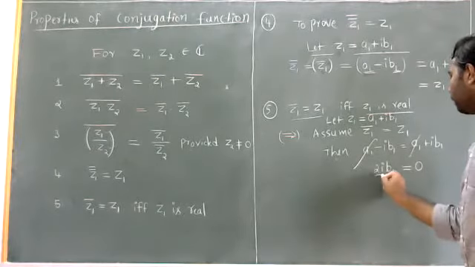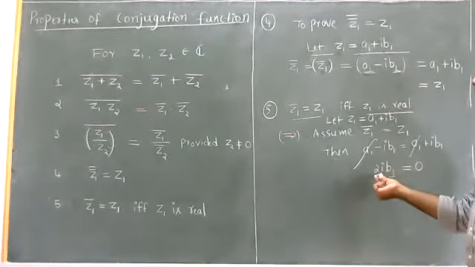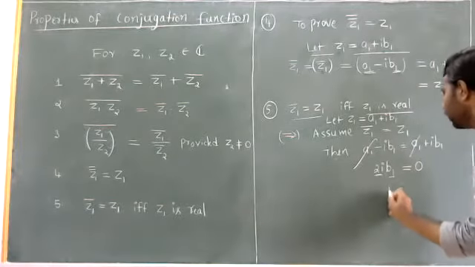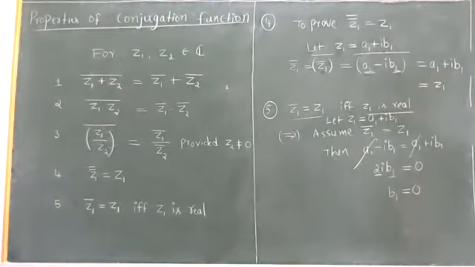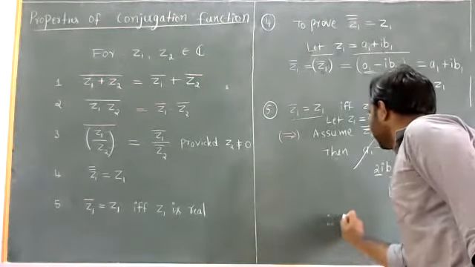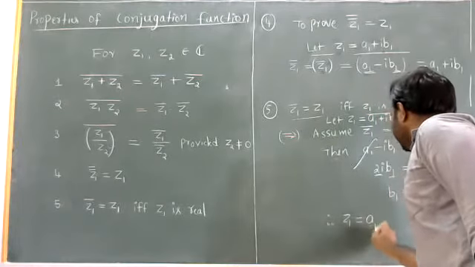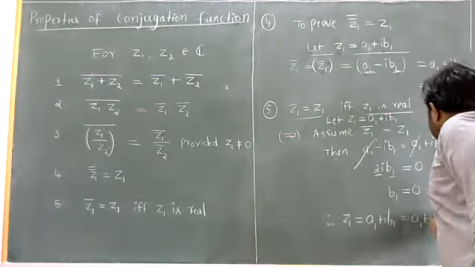So we have product of two numbers is equal to 0. So any one of these has to be 0, but 2I cannot be equal to 0. So hence B1 has to be equal to 0. So substitute this in the representation of Z1. So Z1 is A1 plus IB1, so A1 plus I into 0.